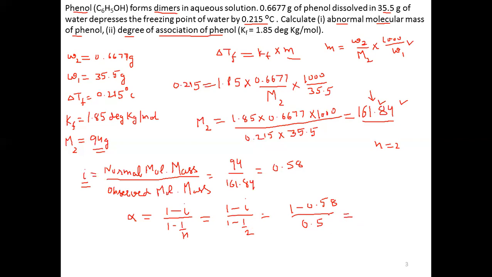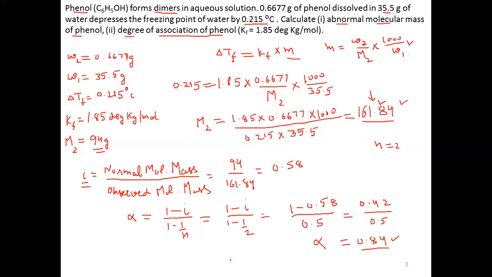So 1 minus 0.58 means 0.42 divided by 0.5. So if you solve it, it will be 0.84. So this is your degree of association. We can write it in terms of percentage.